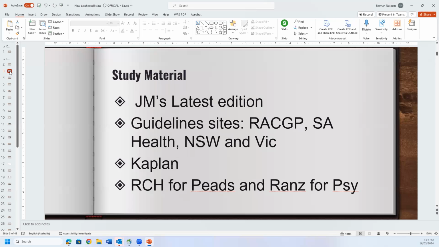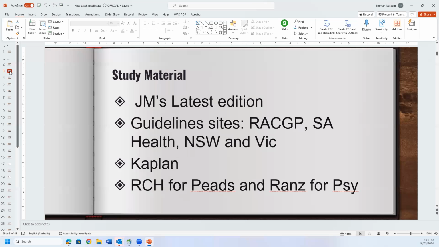It covers everything: the general population, gynecology and obstetrics, psychiatry, pediatrics, male population, female population, and population medicine as well. When you join our course, we will provide you with a soft copy of the latest edition of John Murtagh, because the guidelines are updated every year with evidence-based research, so John Murtagh is also updated every year.